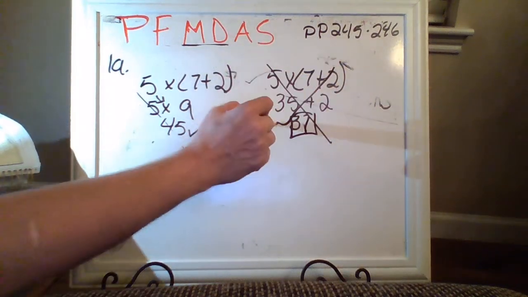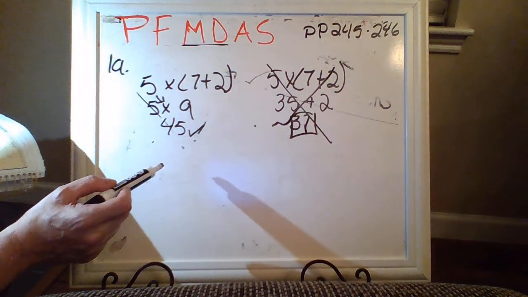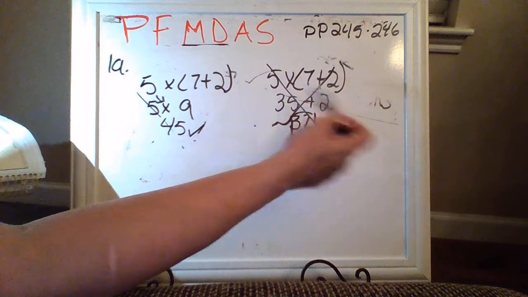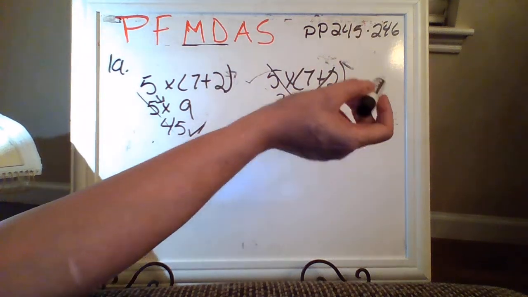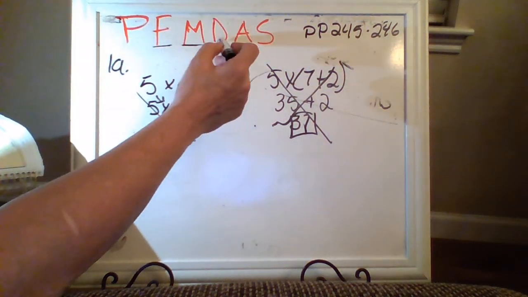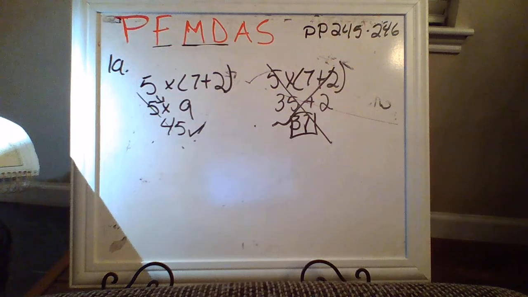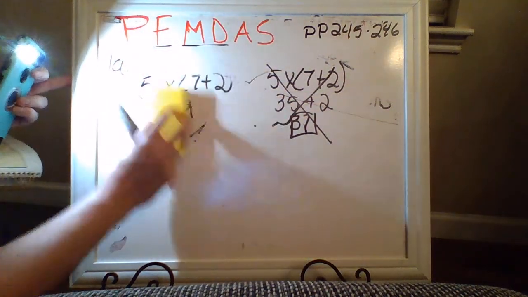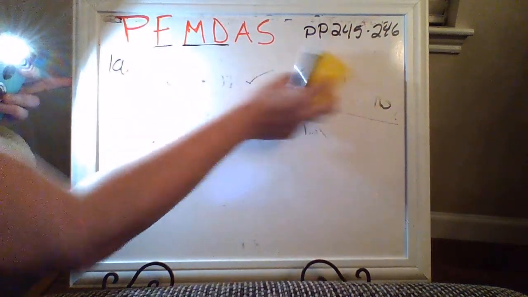And as you can see, 37 is not the same as 45. So if you just go left to right, you're going to get these wrong. You must follow the order of operations of parentheses, exponents, multiply or divide, add or subtract, whichever comes first on those. Let's look at 1B.